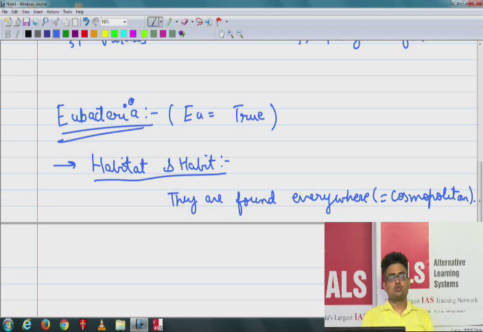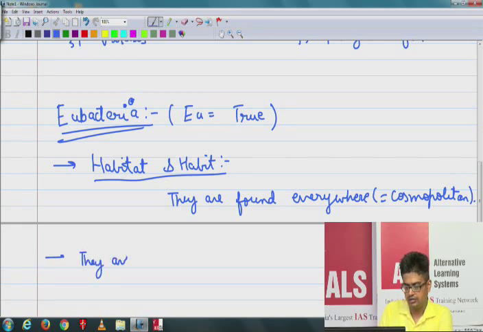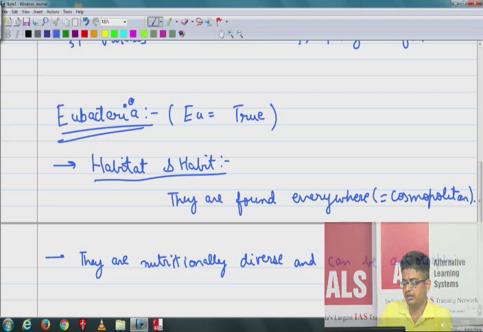Anyway, bacteria are found everywhere. Every place that you can think of, bacteria are found. And what do they feed on? They may be feeding on any kind of material. They can decompose almost any kind of material. So you will say they are nutritionally diverse and can be autotrophic, but autotrophic bacteria are very few.